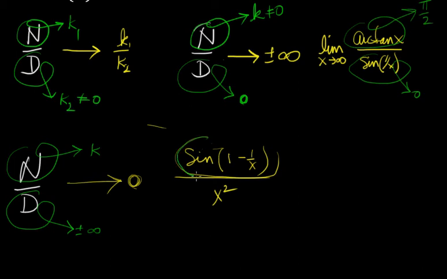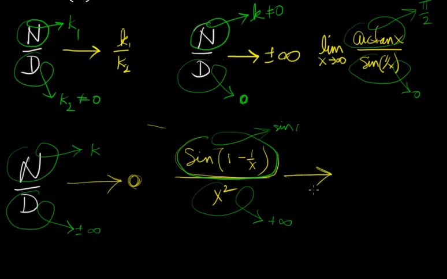So, as x approaches infinity, well, let's see, 1 over x is close to 0, so this is just approaching the sine of 1, whatever that is. And the bottom, x squared, is approaching plus infinity. So we say then that this quantity, if I had written limit out here, I'd say equals 0, but I didn't write limit, so the arrow will mean that we're taking the limit, and we would get 0.